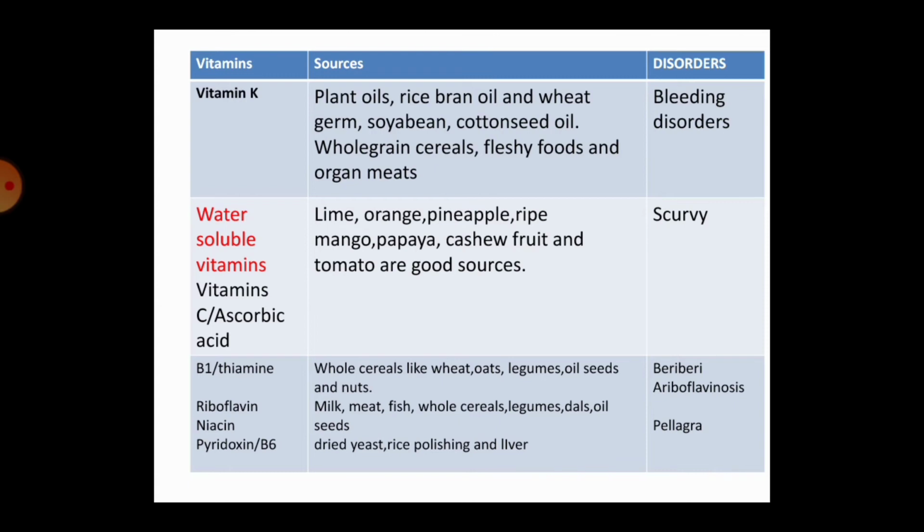Vitamin B1, then riboflavin, niacin, pyridoxine, these are B vitamins. Deficiency of these vitamins can lead to various deficiency disorders such as beriberi, riboflavinosis, and pellagra. Pyridoxine is a very important vitamin. It is present in rice polishing, liver, and dried yeast. Deficiency of pyridoxine or B6 leads to pellagra.